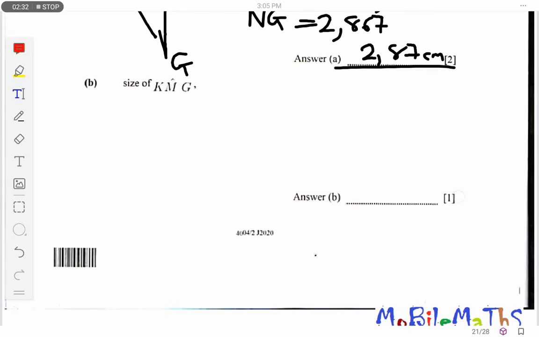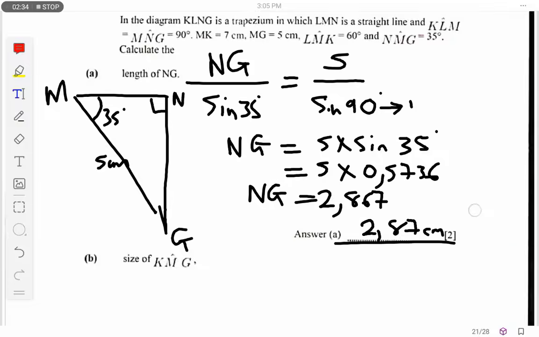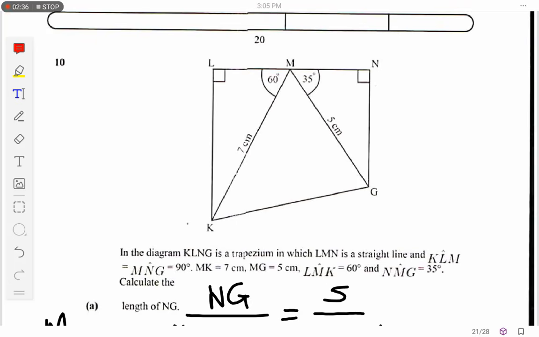The size of KMG. KMG, where is our KMG? Okay, the size of KMG. So we want this angle here, this angle. Remember that is a straight line there. So angles on a straight line add up to 180.